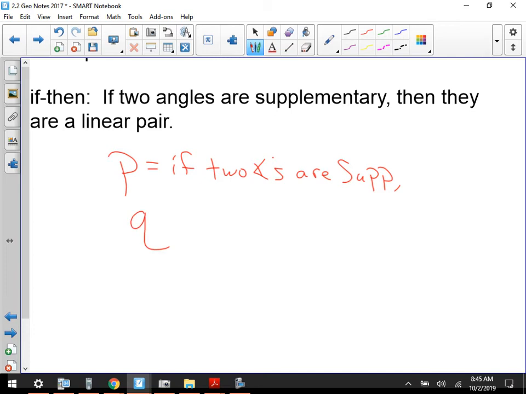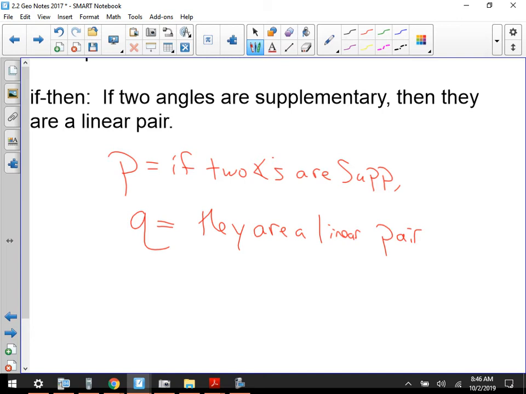The Q part would have been, they are a linear pair. That's what the P and the Q stand for.